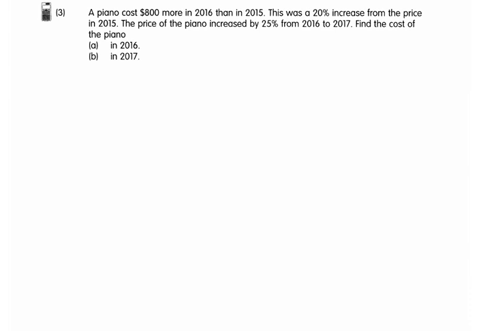That means they are trying to tell you 20% is how much? $800. Very good. They are trying to tell you 20% is $800. The price of the piano increased by 25% from 2016 to 2017. Find the cost of the piano in 2016.